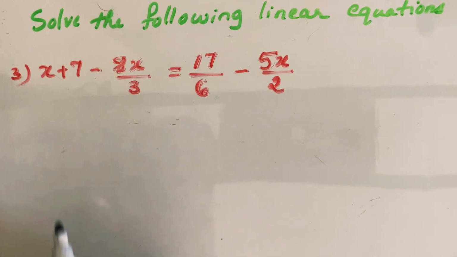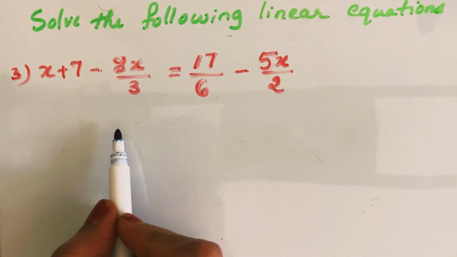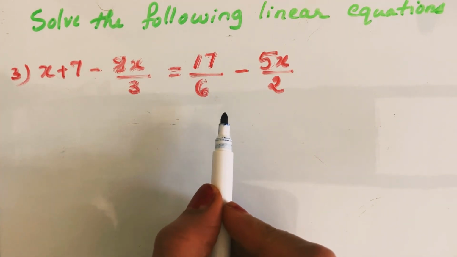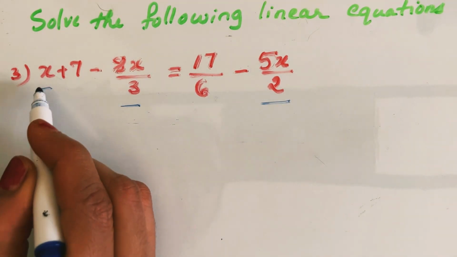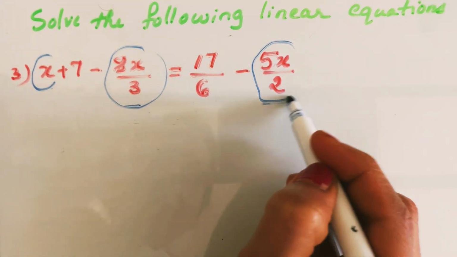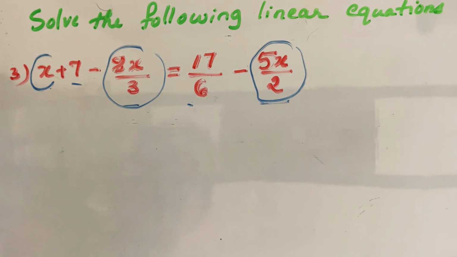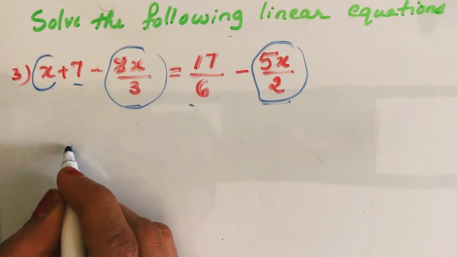Next equation is x plus 7 minus 8x over 3 is equal to 17 over 6 minus 5x over 2. Here also you can arrange like terms, these three like terms on one side and the constant on another side. So let's rearrange.